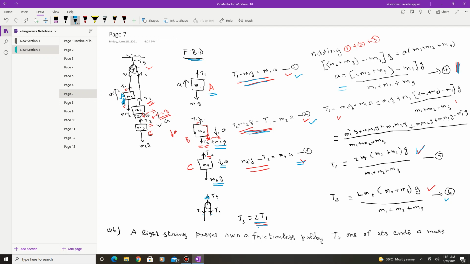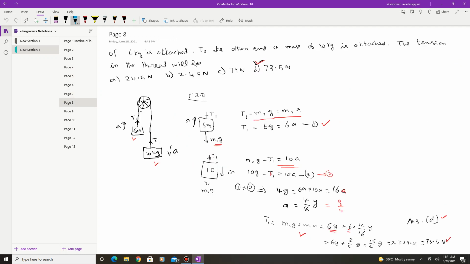Now let us discuss some problems of this type. A light string passes over a frictionless pulley. A mass of 6 kg is attached to one end, and a mass of 10 kg is attached to the other end. The tension in the thread will be?